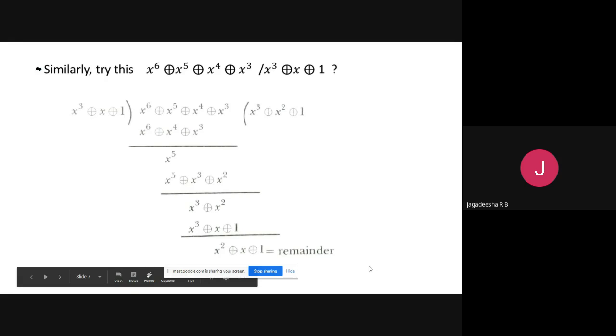Okay. So here on the leftmost corner, we have x cube plus x plus 1, right? That we have to divide x power 6, x power 5, x power 4, and x cube. And on the right side, first line right side, you have some one bracket and some content, right? That is the result of division.